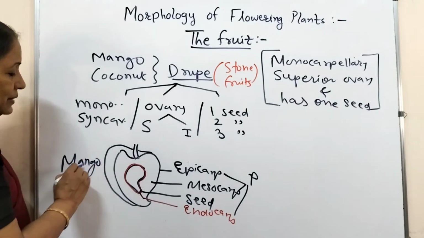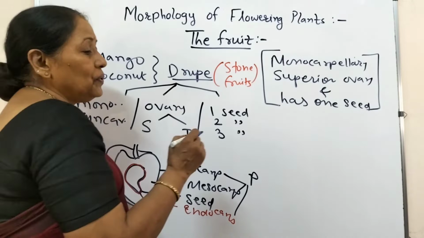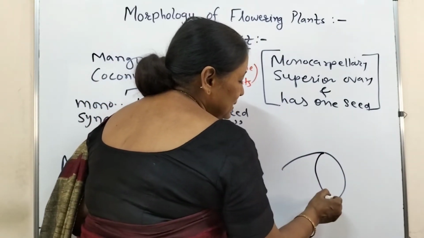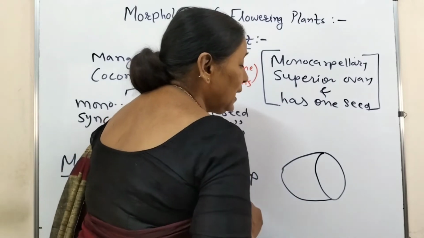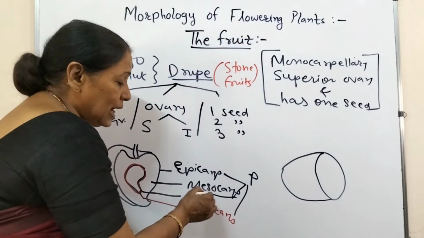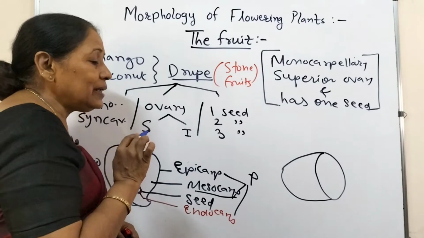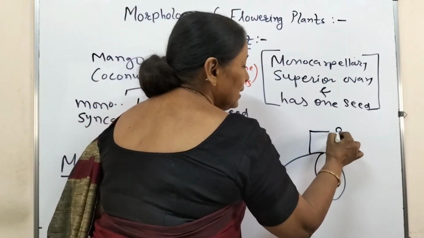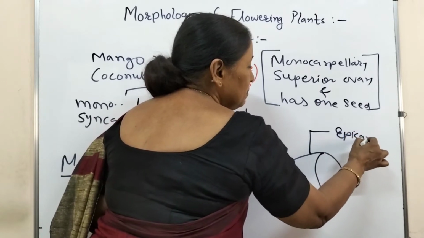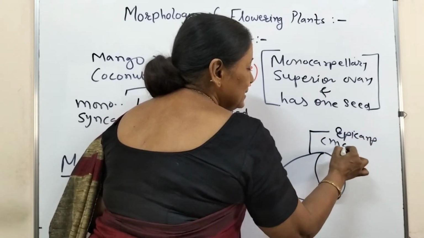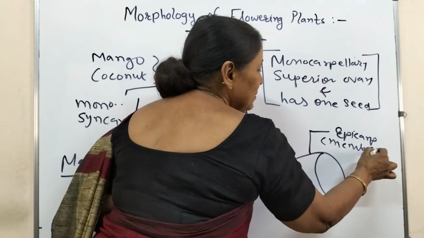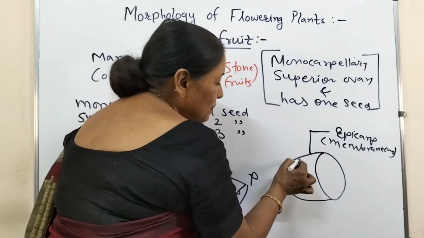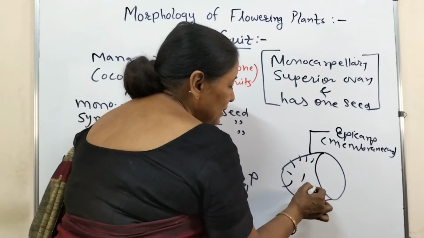Now let us see the coconut. In case of coconut, these diagrams are there in your NCERT. So if this is the coconut, here is the mesocarp, which you are eating. In case of coconut, this is the outermost epicarp. This epicarp is membranaceous. And then the mesocarp is fibrous.